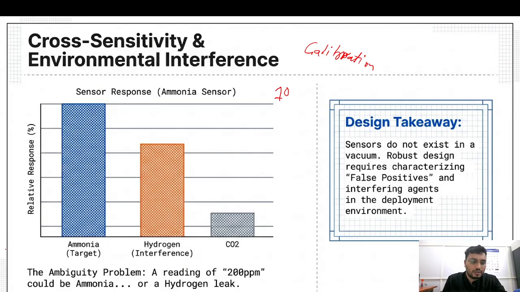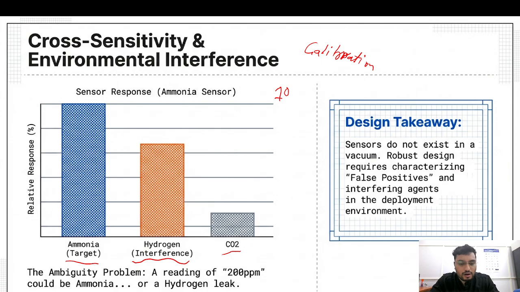While talking about the sensor response, it comes to the gas concentration, which we are talking about here in ppm. The gas molecule ammonia is our target, but it can also interfere with hydrogen and carbon dioxide.